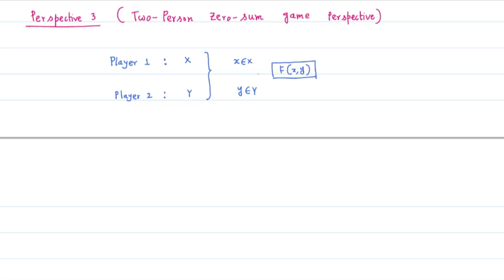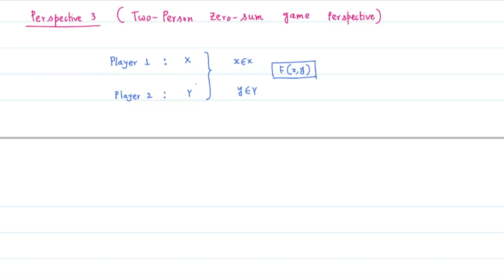Here in a game formulation we assume that the players are equally intelligent and both players have full knowledge of the other player's action. That means player 1 knows the strategy set of player 2 and player 2 knows the strategy set capital X, and we also pre-assume that they are equally intelligent.